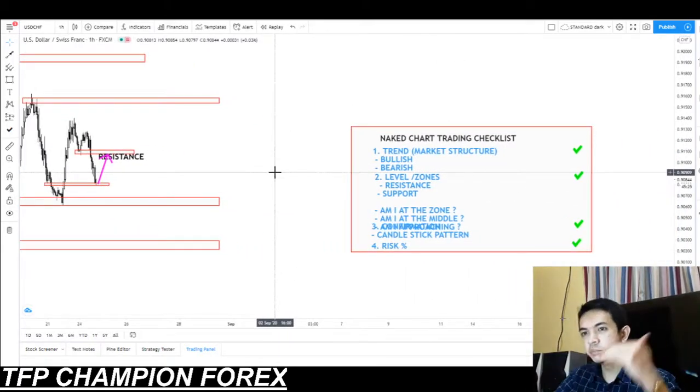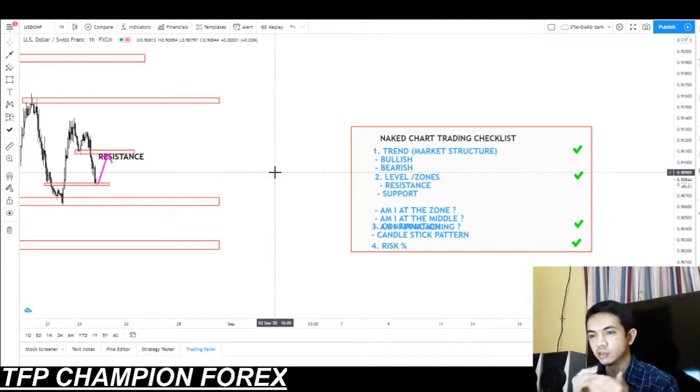So again, you can make your own checklist. You can make any checklist that you want, depending on whether you're using an indicator like moving averages or RSI. If you're using any indicators, that will help you decide whether you're going to place a trade or not. Again, you can customize every trading checklist. This is just for me, right?